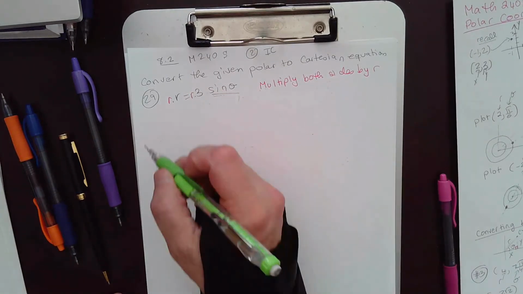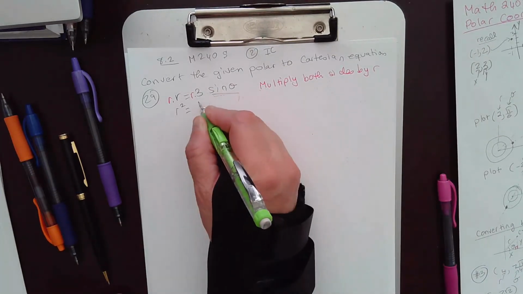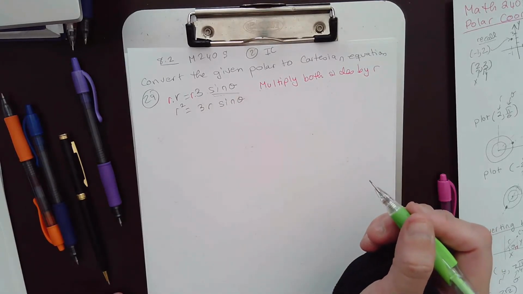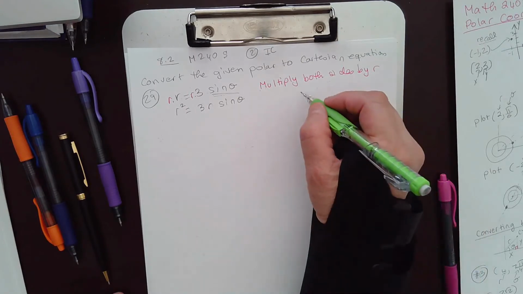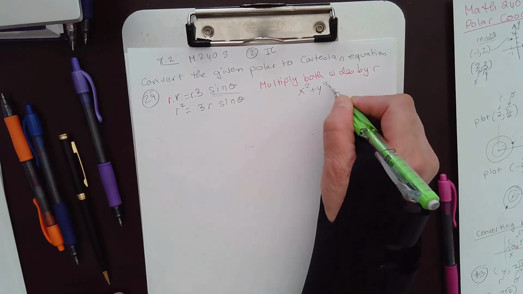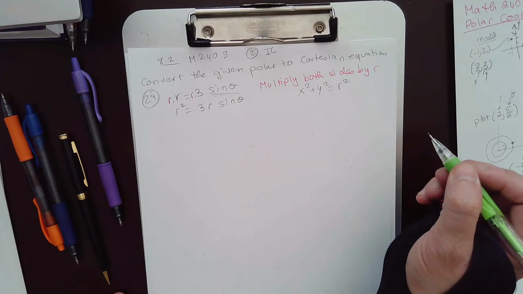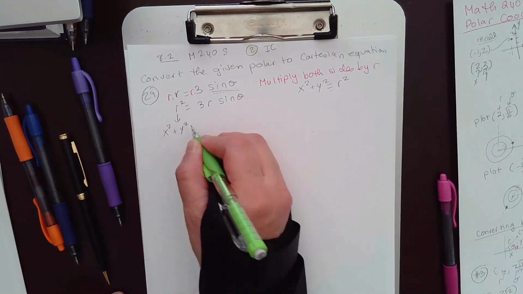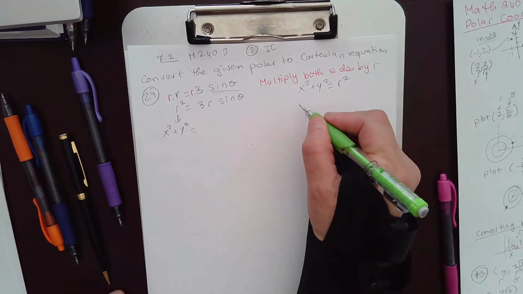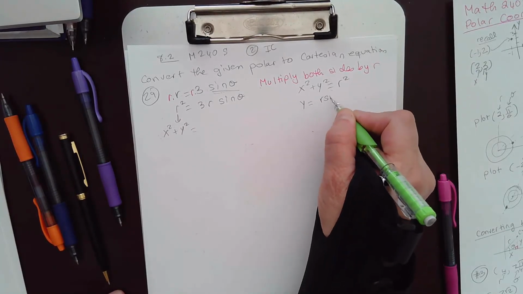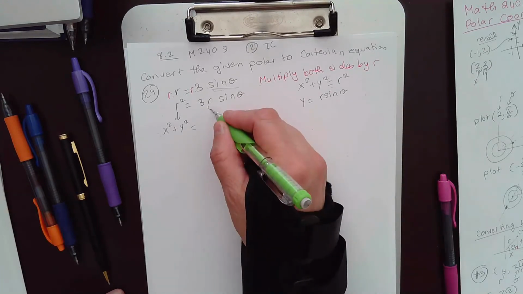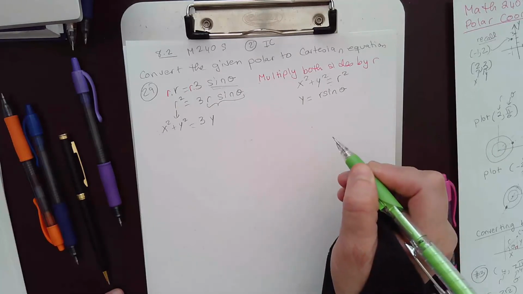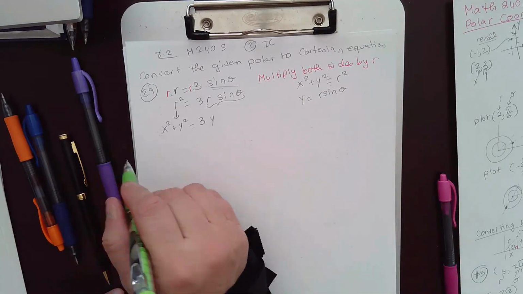This is going to become r squared, and this is going to be 3r sine theta. Now, if you recall, x squared plus y squared is equal to r squared. So this becomes x squared plus y squared. And if you recall, y is equal to r sine theta. So this one becomes y, and here you have 3y. And I just converted the polar to a Cartesian equation.